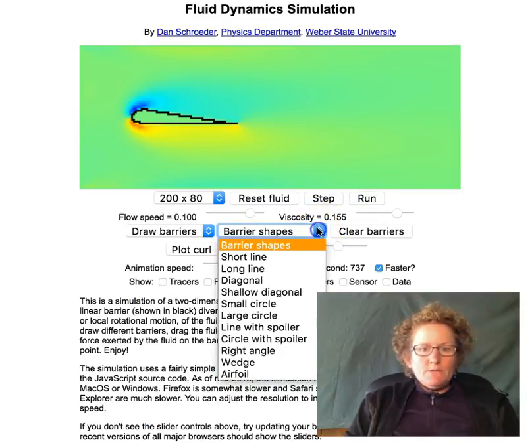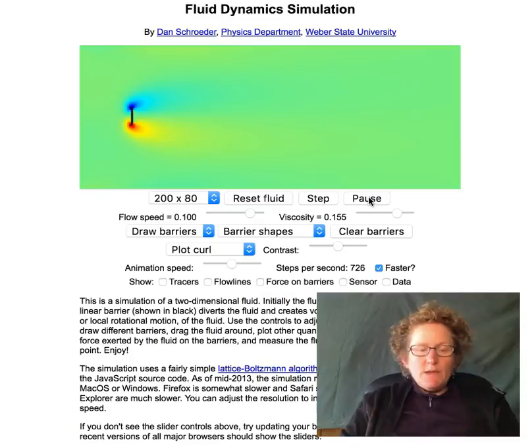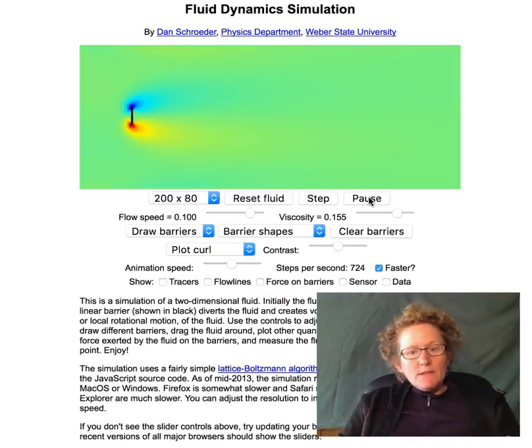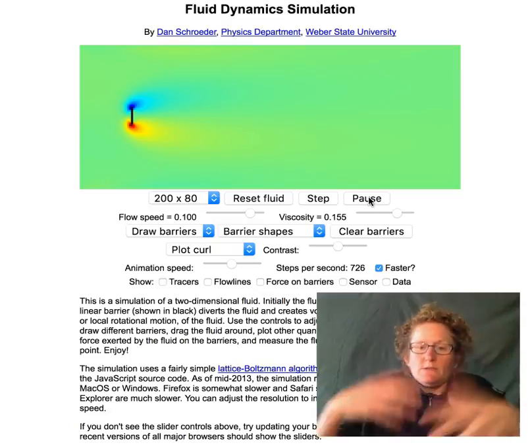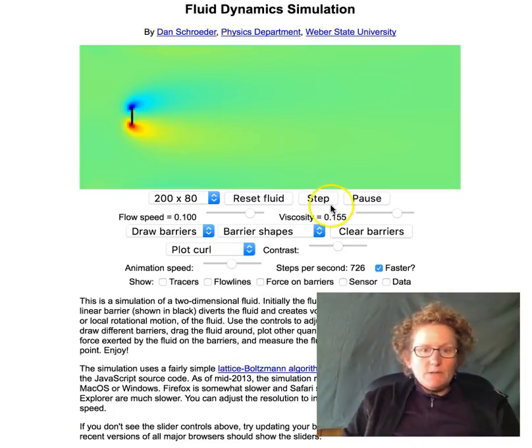Let's put in our original very chunky little line here and see if we get the same kind of turbulence we did with that original barrier line. It looks like the more viscous something is, there might be a little less turbulence because there's less opportunity to flow and create turbulence.